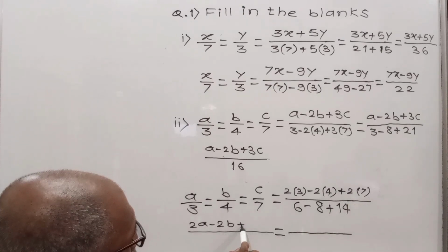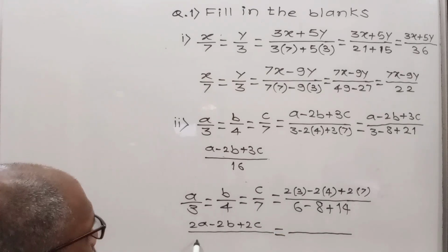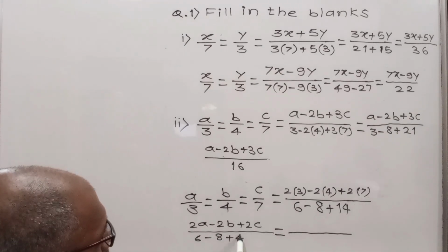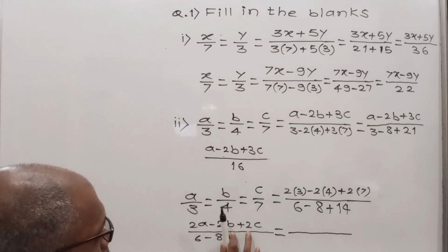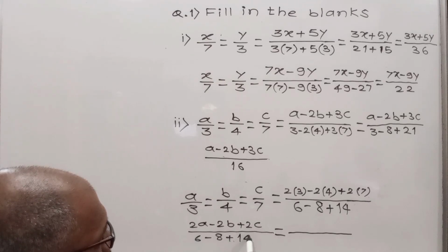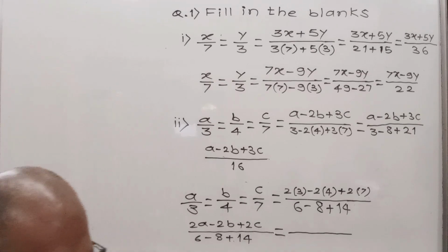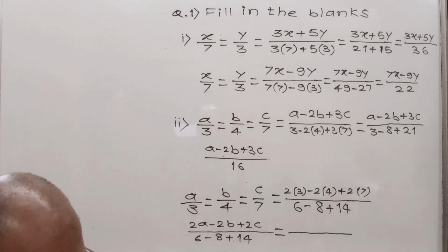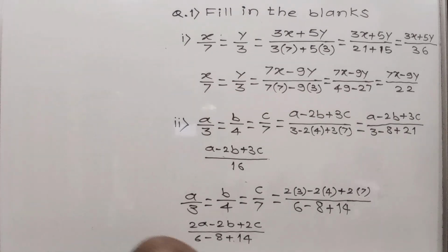Plus 2 into 7, the value of c, upon 6 minus 8 plus 14. We could write addition and subtraction also here, but we don't, because of the example given. So keep it as it is. This is your final answer.